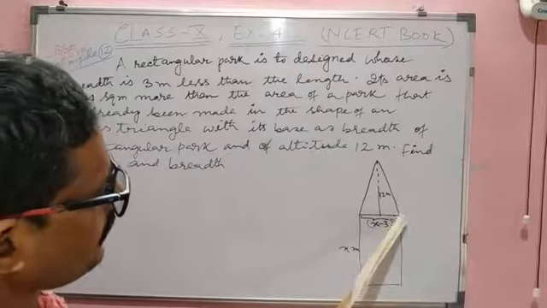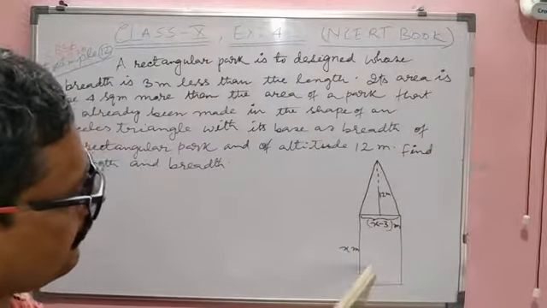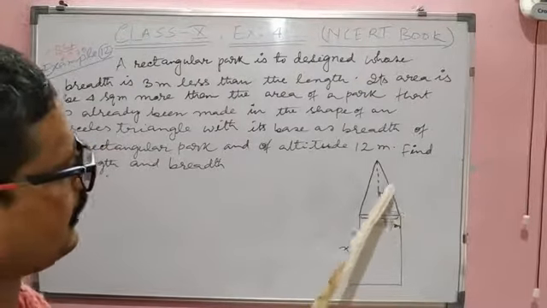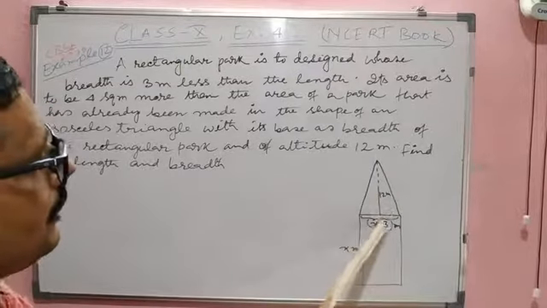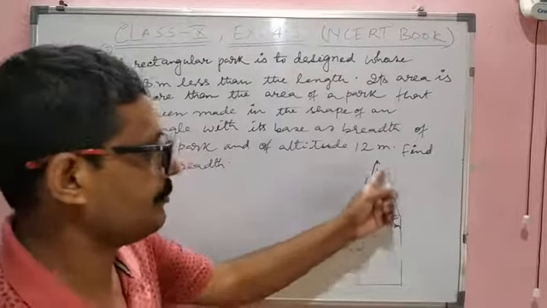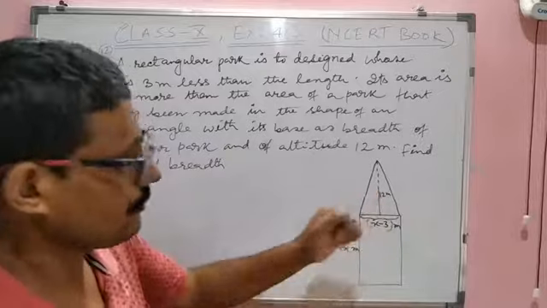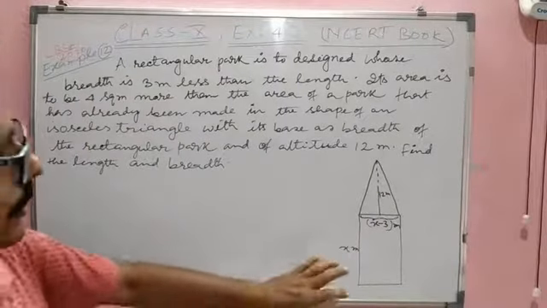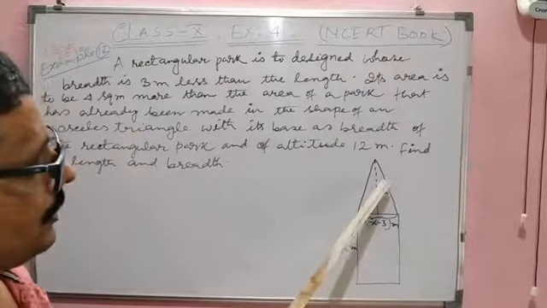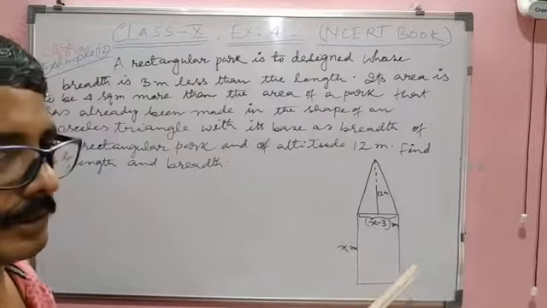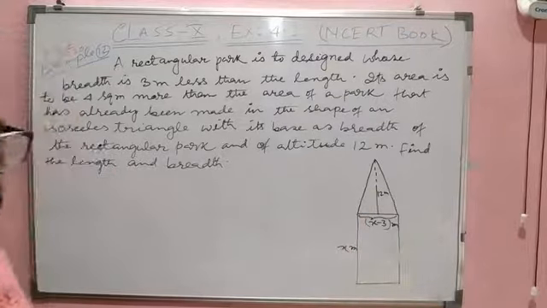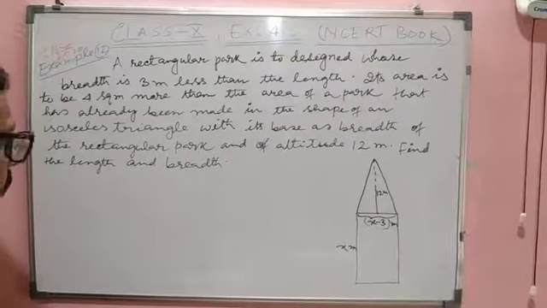On this breadth, an isosceles triangular park is made as base, whose altitude is 12 meter. So according to the question, the area of this park is 4 square meter more than this park. Got the point? Correct? So see how to solve this one.